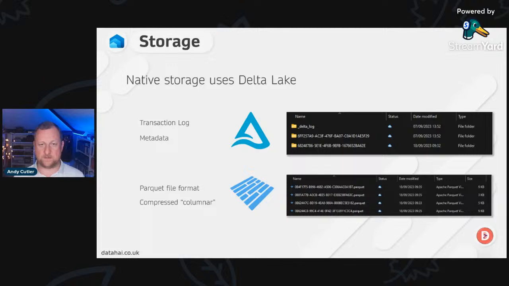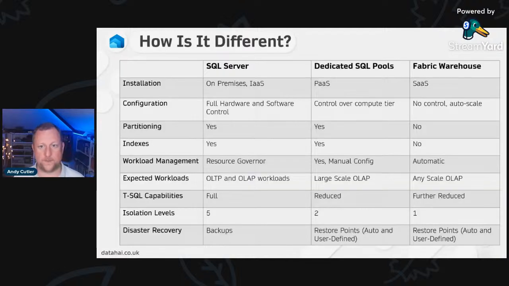Now, the difference is we've got a table. I don't want to spend too much time on that table. There's a couple of things I want to pull out that's relevant to the storage mechanism here. So on the Fabric warehouse side, no, we don't currently have any partitioning ability. No, we don't have any indexes. And you might think, hang on a minute, we can't create indexes, but that's like the crux of databases, right?